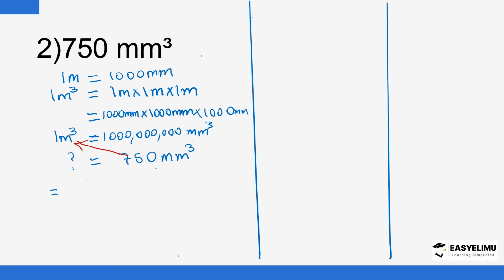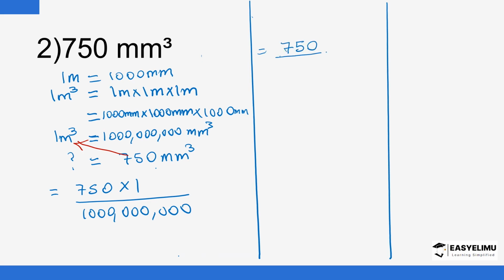So that equals 750 times 1 divided by 1 billion, with 9 zeros. 750 by 1 is 750, and then we divide by 1 billion.